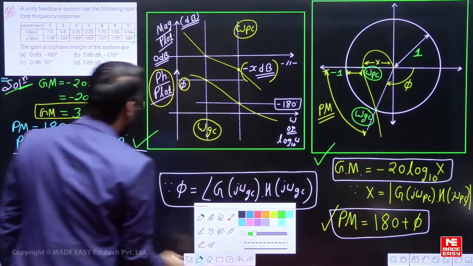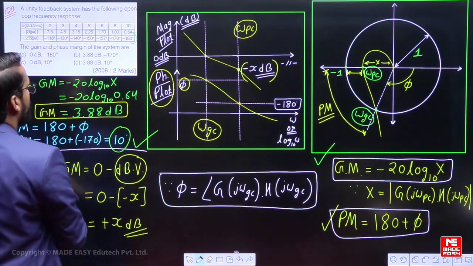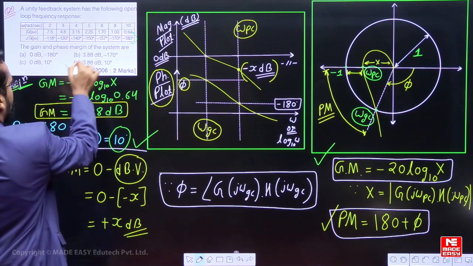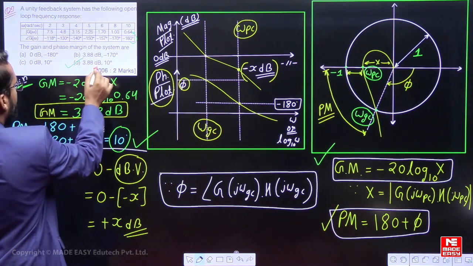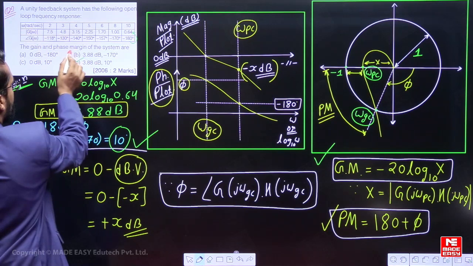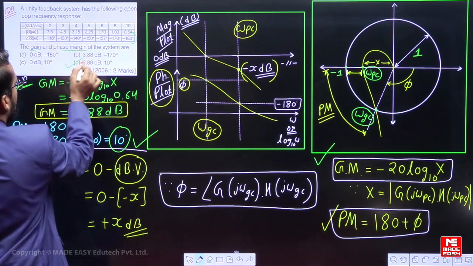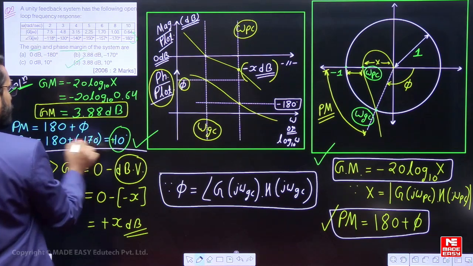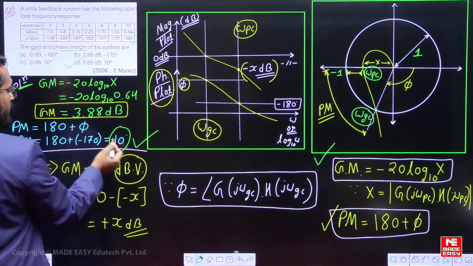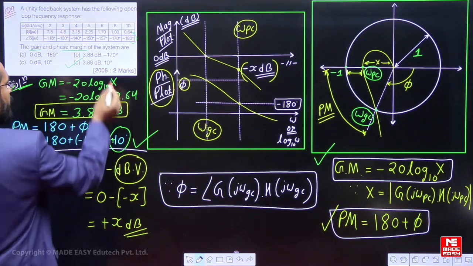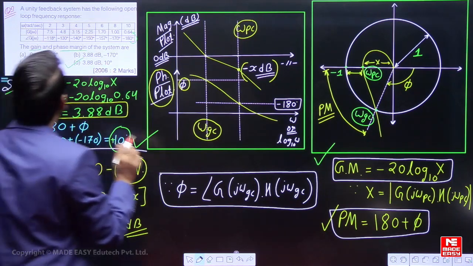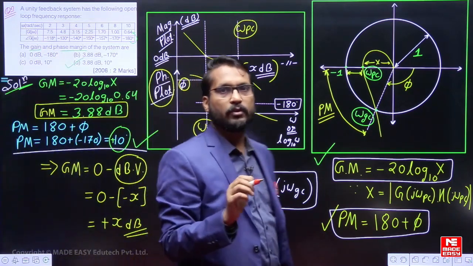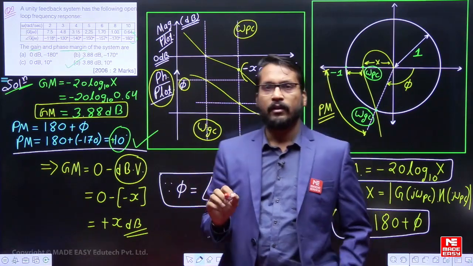If you cross check the options, in option D, 3.88 dB is our gain margin, and plus 10 degrees, not minus 10 degrees, because 180 minus 170 is plus 10 degrees, is our phase margin. So the answer of this particular question is D.